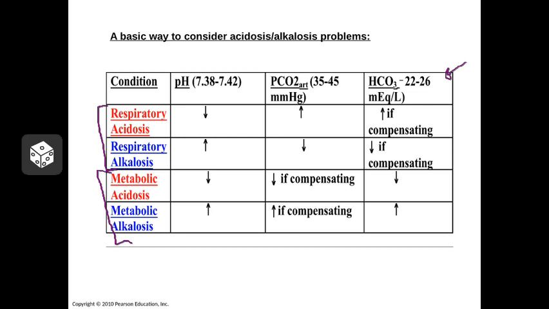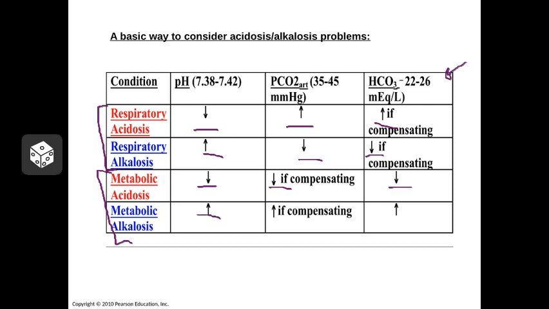In conditions that are caused by respiratory changes, the arrows are not all the same. They point in different directions. You can see it here in respiratory alkalosis also. But if the condition is caused by a metabolic problem, all three arrows point in the same direction.